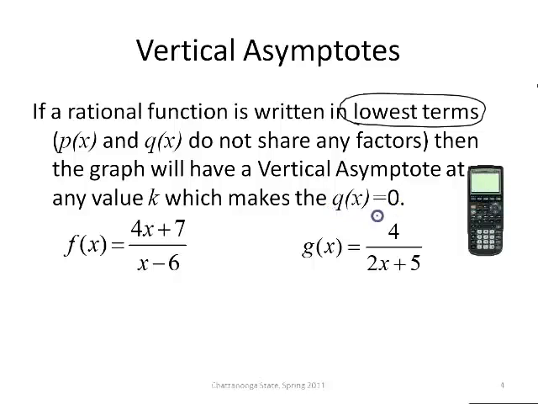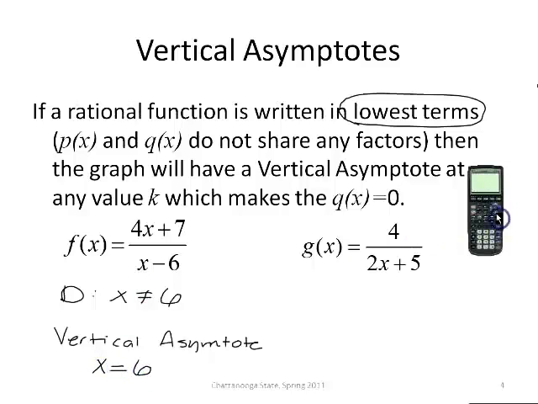In other words, wherever you found the values that you restrict from your domain, those are your vertical asymptotes. For the problem we just looked at, our domain was everything except x equals 6. That means the vertical asymptote is the line x equals 6.